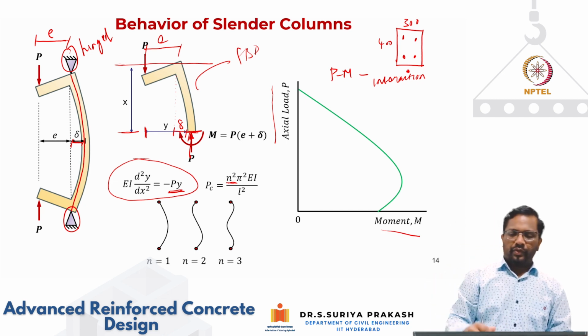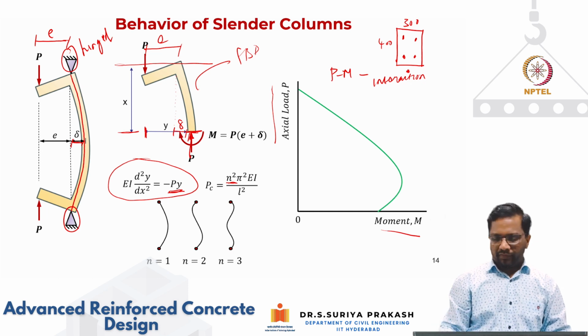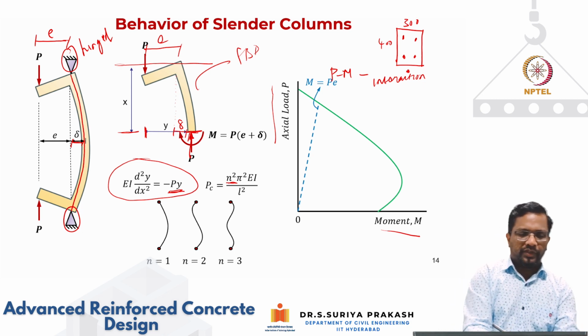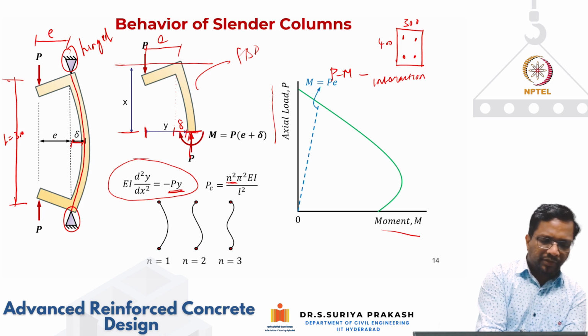But now, if you look at a particular cross section for this column member, with axial compression and bending moment axes, let's say the length of the column is L equal to 3 meters.